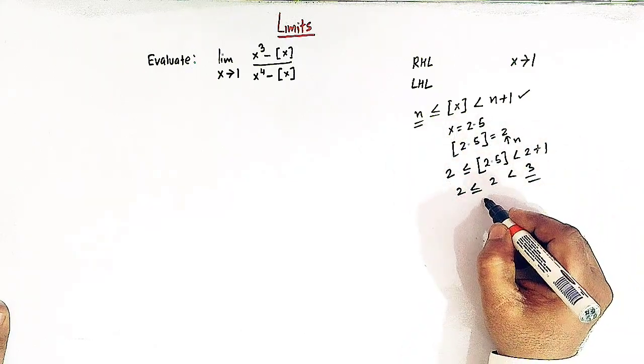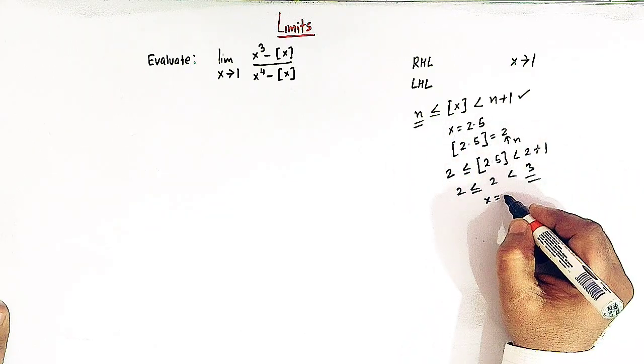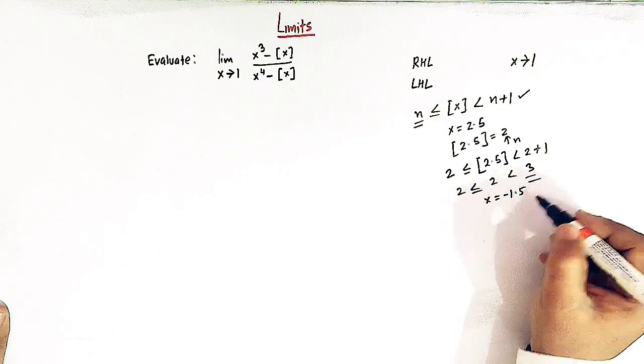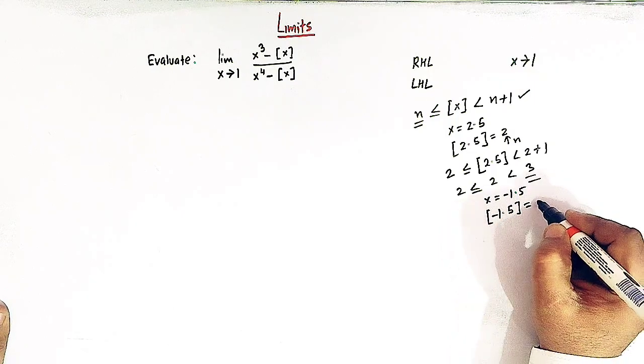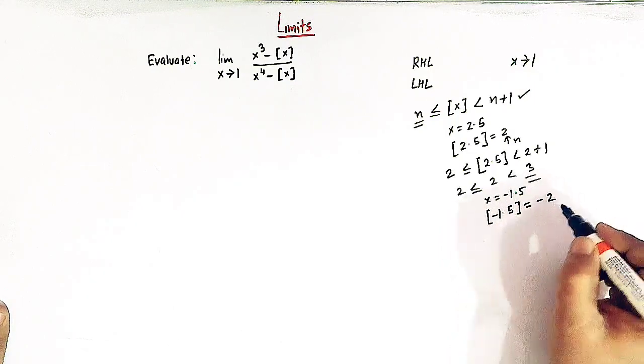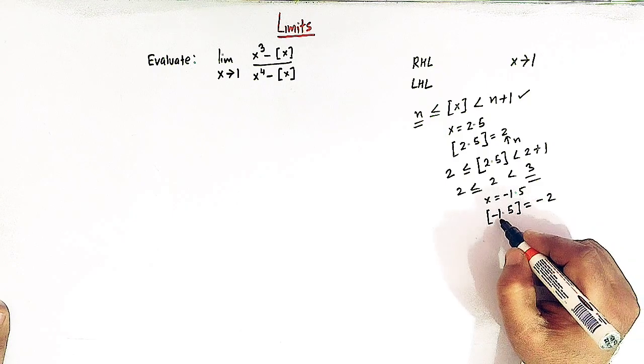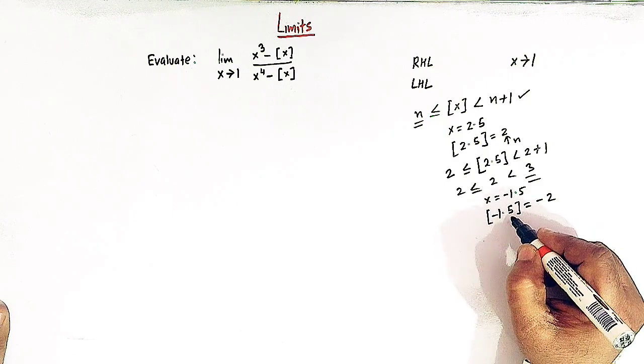And similarly, if we have a negative number, say minus 1.5, then the greatest integer of minus 1.5 is equal to minus 2, because minus 2 is the greatest integer less than minus 1.5.